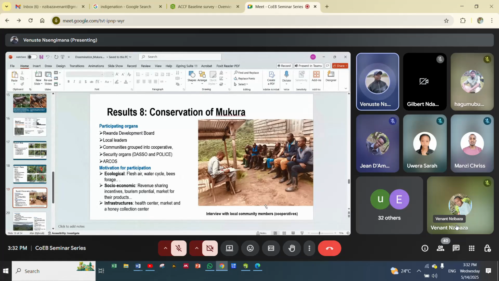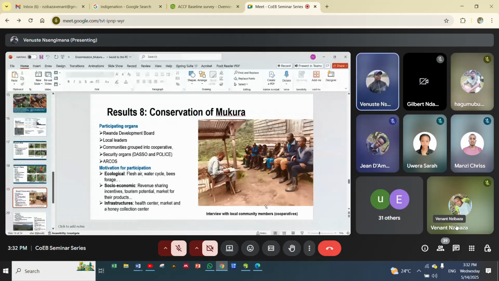In this regard, we have found that the Rwanda Development Board, local leaders, communities grouped into cooperatives, security organs, specifically the army and police, and ARCOS now are doing a great job there in terms of promoting biodiversity conservation.